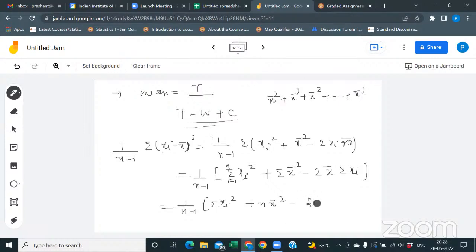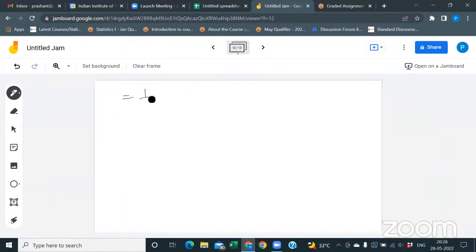Minus 2 x bar. Now, what is this? You know x bar is nothing but summation of xi divided by n. So can I write n times x bar equal to summation of xi? Yes, sir. So it will be 2 this one. Now, what will be your next step? 1 by n minus 1, summation of xi square plus n x bar square, minus 2 times n x bar square.